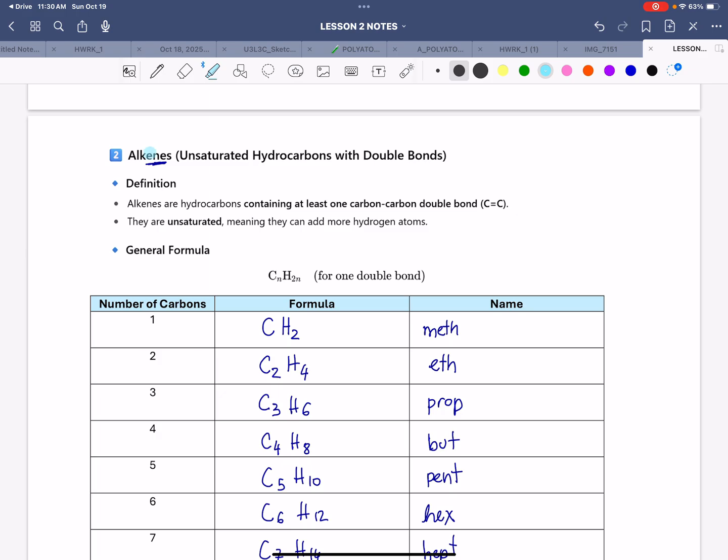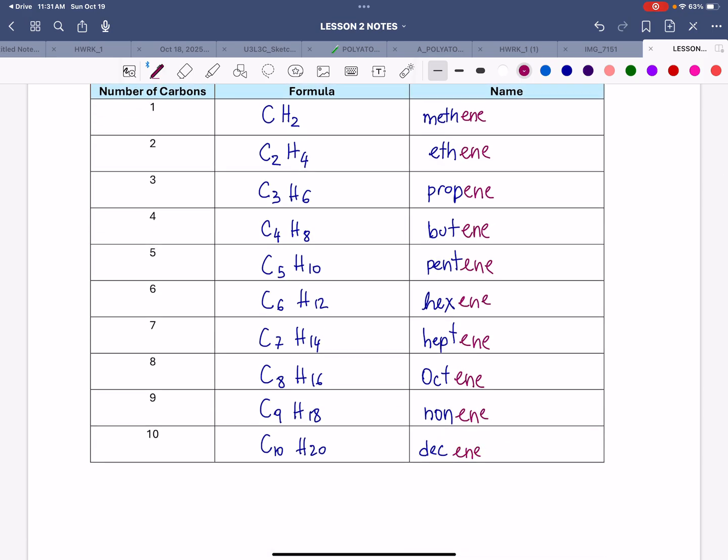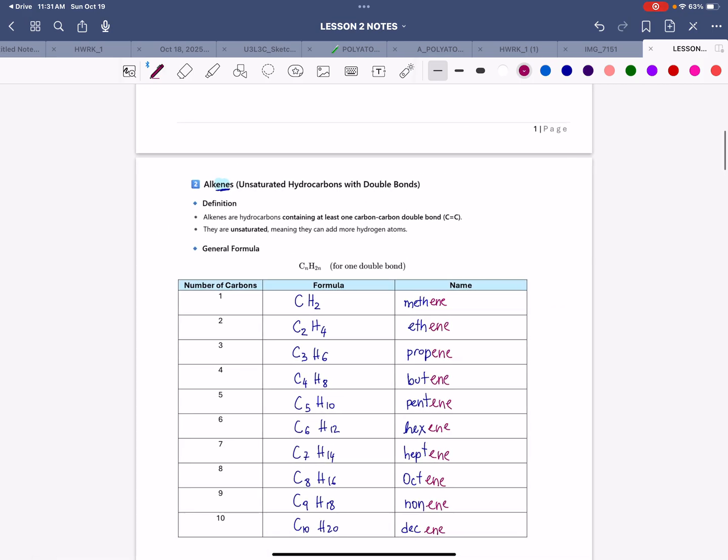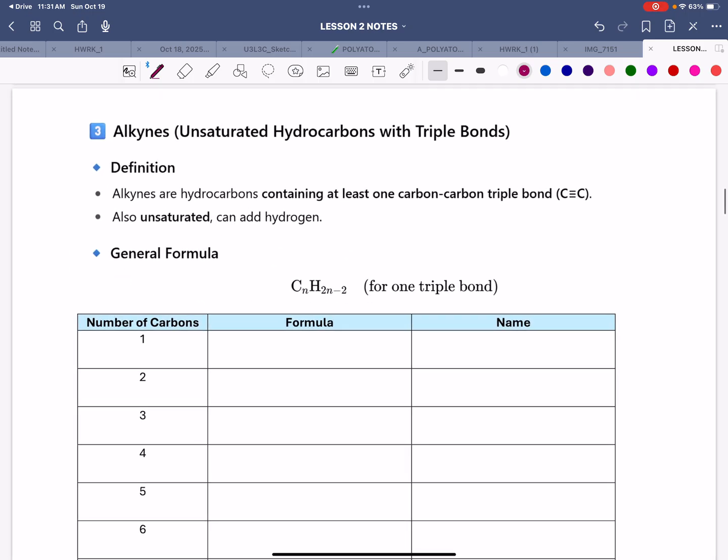So these are ene hydrocarbons. All the names will end with ene. So methene, ethene, propene, butene, pentene, hexene, heptene, octene, nonene, decene.